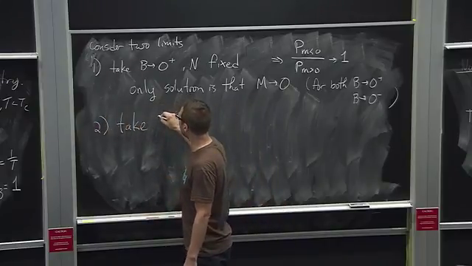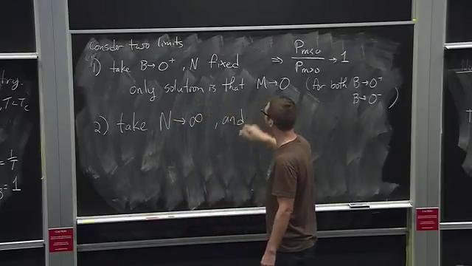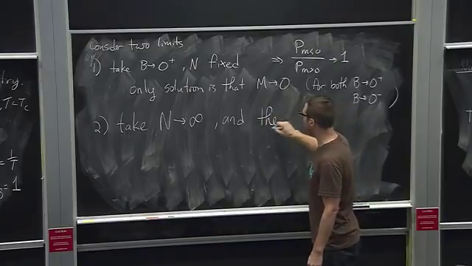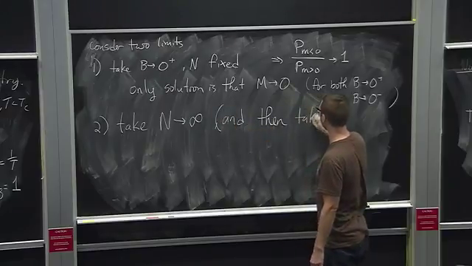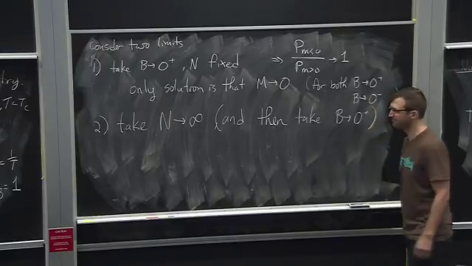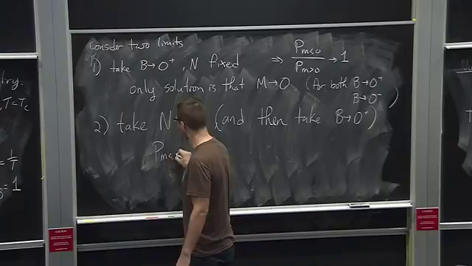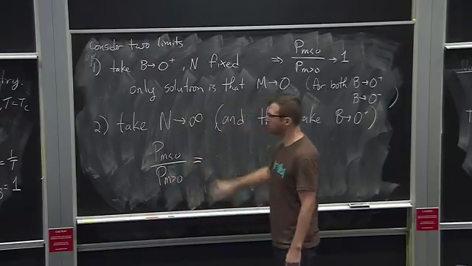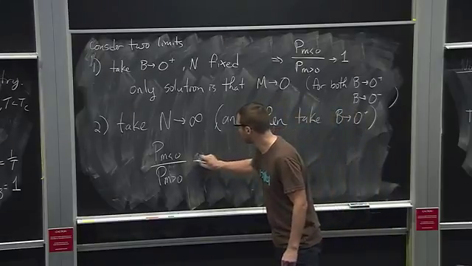Let me stay at low temperature and take N to infinity first. And keep B fixed. And say then, afterwards, to restore time reversal symmetry, take B to 0 plus. So then the relative probability P of M, N goes to infinity, e to the minus infinity, this goes to 0.